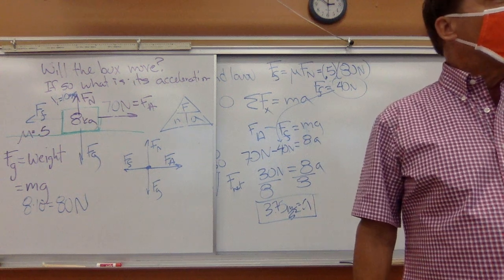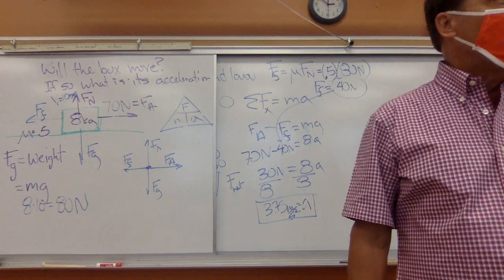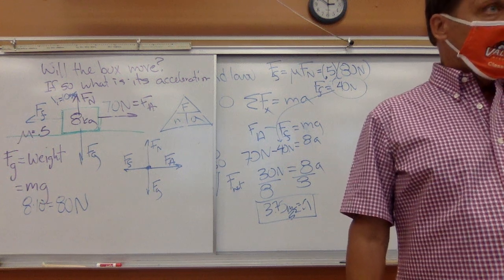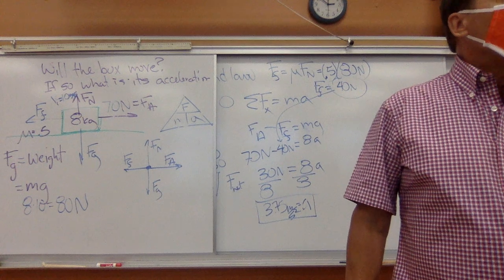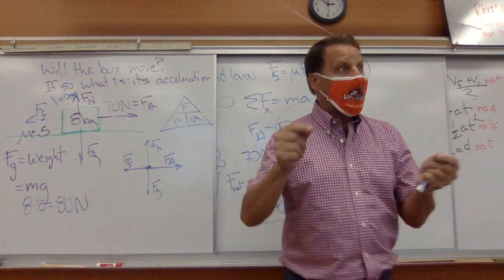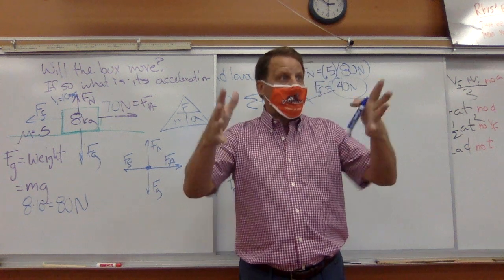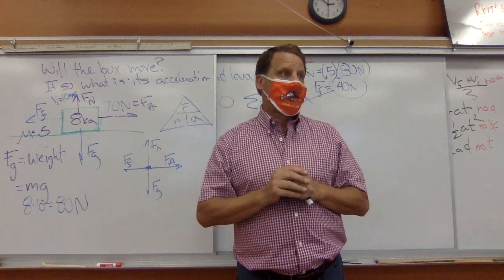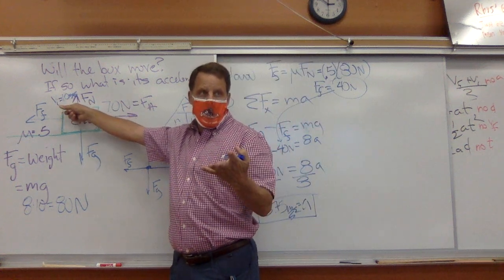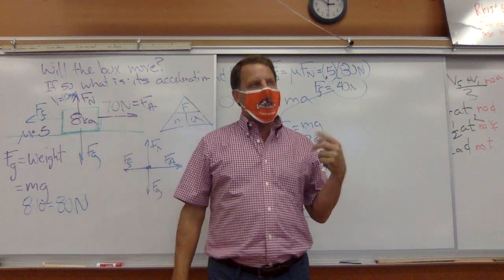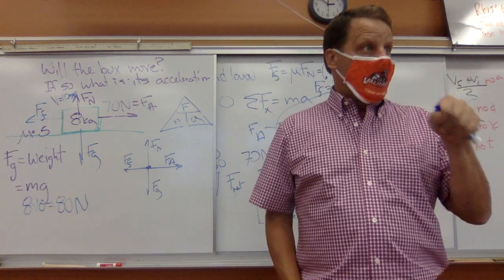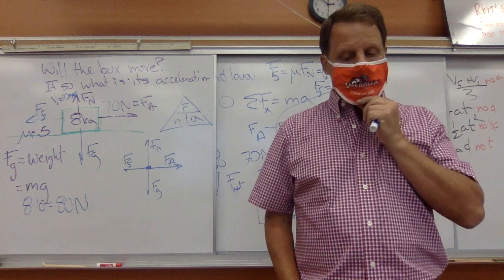The tricky question here is, if the answer was no, and we got an answer of negative 4.125 like we had before, then our acceleration would be 0, even though the math was negative 4.125, because the box wasn't moving. If the box was moving, let's say at 10, and I asked what would be the acceleration, then it could be a negative answer.